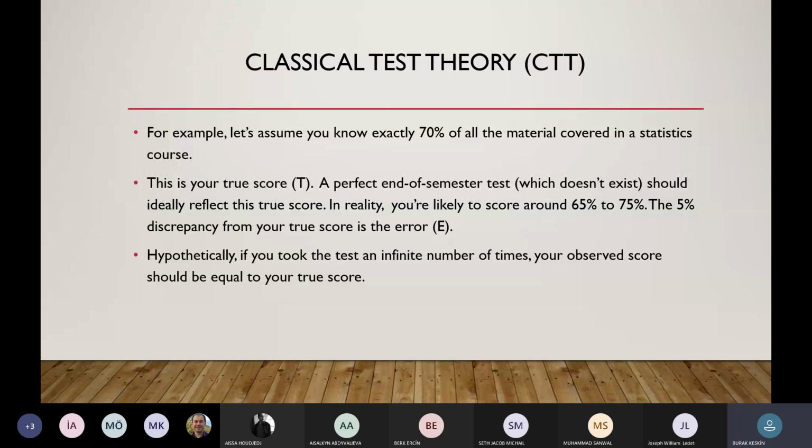A perfect end of semester test, which doesn't exist, should ideally reflect this true score. So we should get 70, for example, as a note. But in reality, there is an error margin. So we are likely to score 65 or 75, for example, if we have an error margin of 5%. Hypothetically, if we took the same test an infinite number of times, our observed score should be equal to our true score.